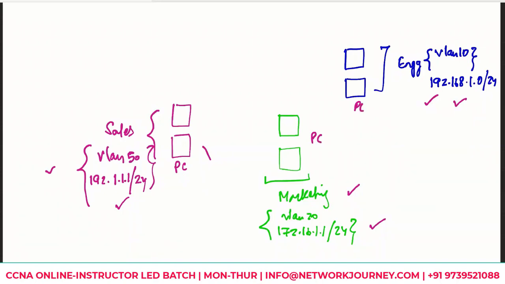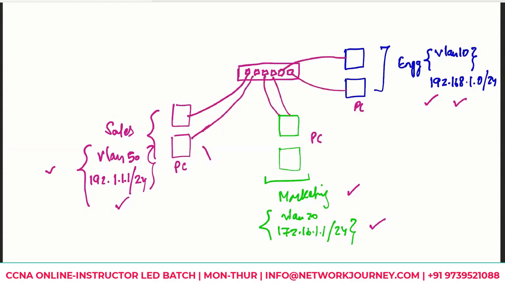So you have one layer 2 Cisco switch with a number of switch ports, and if these are all connected to them, they will not talk to each other. Sales may not talk to marketing, marketing may not talk to engineering. So there is a problem now. To allow this communication, we need a layer 3 device sitting on the top. So we keep a router here.